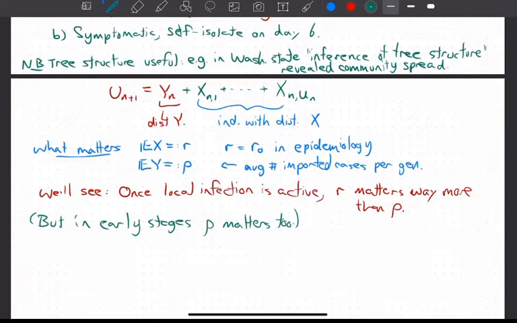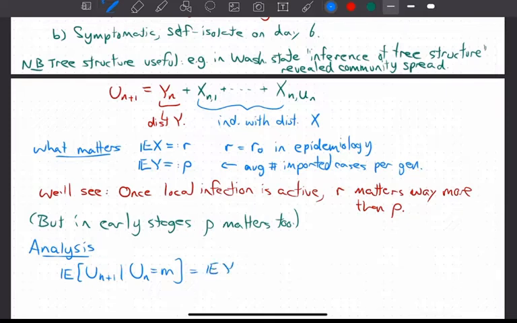So how do we analyze this? This is a version of analysis that we've already seen earlier in the term for my students. We know that the expected value of U_{n+1}, in the next generation, 4 days later, given the current number of infected individuals, let's just use linearity.